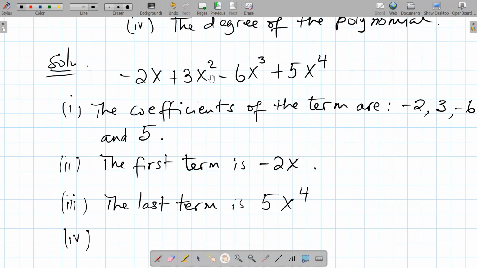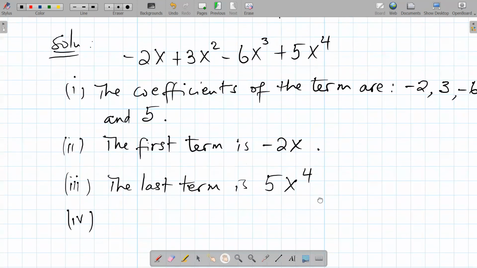This one here has a degree 2 because the variable has a power 2. This term here has a degree 3 because the variable has a power 3. And this term here has a degree 4 because the variable has a power 4. Now, if you look at all these cases, you will see that the degree 4 is the largest.